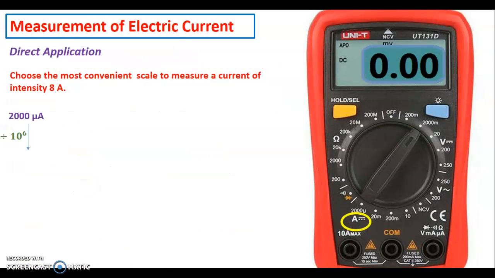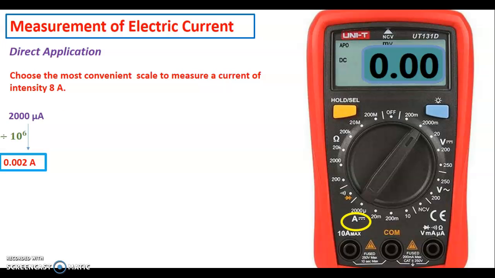To choose the most convenient one, we have to, in the first step, convert all of the given scales into the same unit to be able to compare them to the measured current.